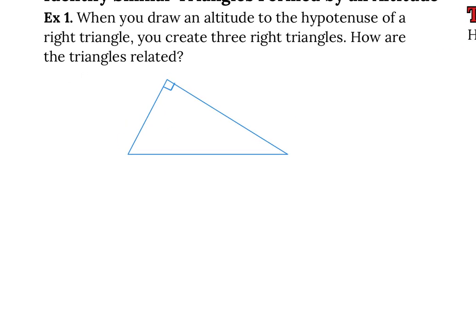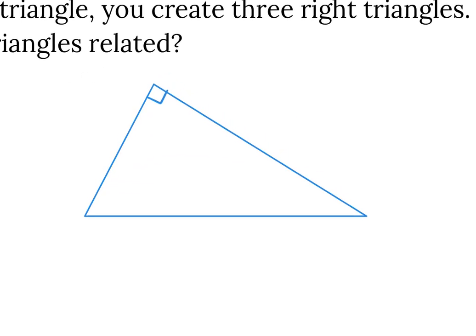So I need to draw an altitude from my right triangle. Try to get my ruler up onto my screen so I can get this a little straighter for myself.